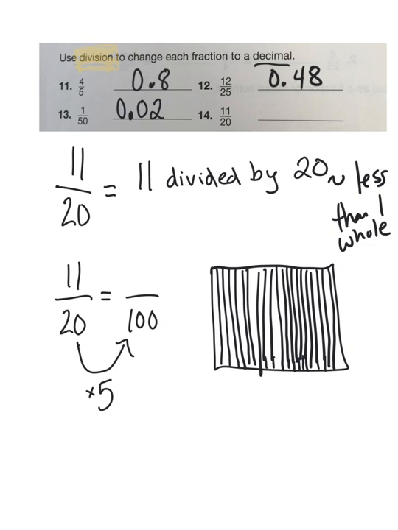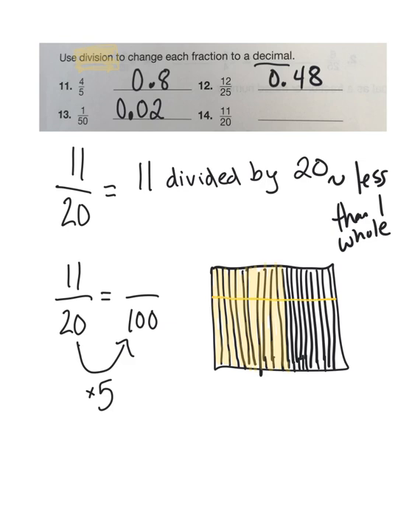Okay, so here I have my 1 whole, and I have divided it into 20 equal pieces. Just take my word for it, please. It really is 20 equal pieces, pretty much. Okay, and I have shaded in 11 of those equal pieces. Now I'm going to cut up my delicious cheesy pizza here. Pretend that's what this is. And let me see, I'm going to cut it into 5 additional sections.